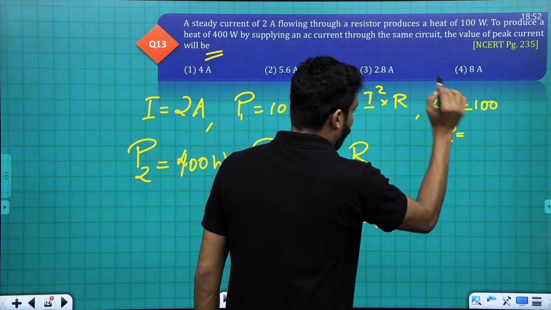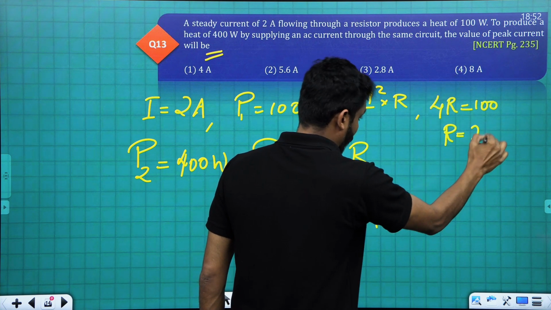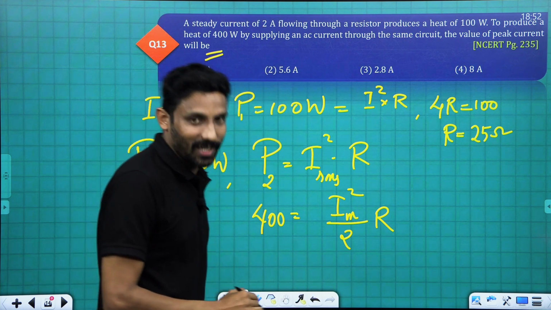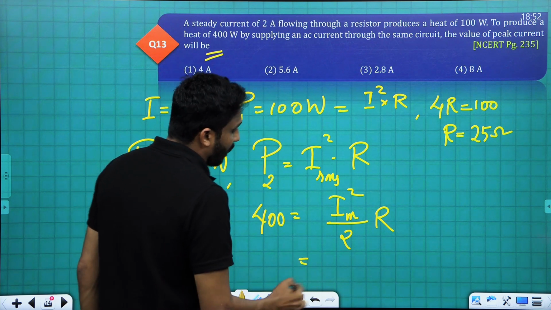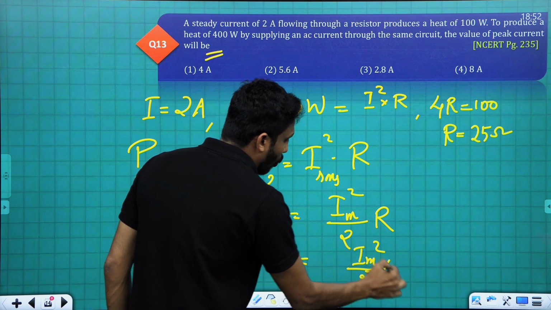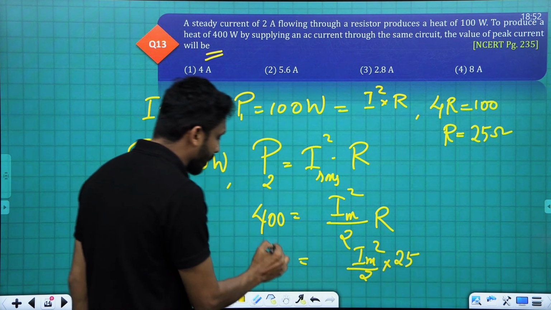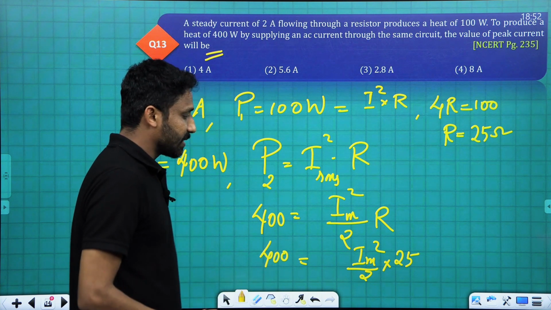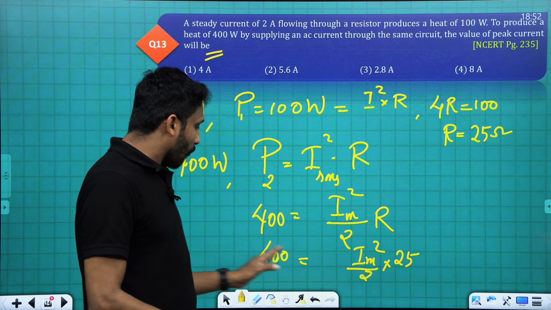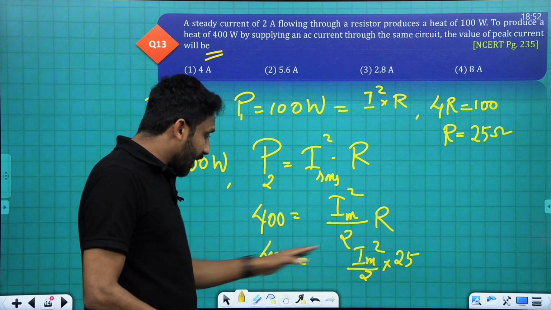That is, the resistance of the resistor is 100 by 4, which is 25 ohm. Put here IM square by 2 into 25, this is equal to 400. Now IM square is 2 into 400 divided by 25.